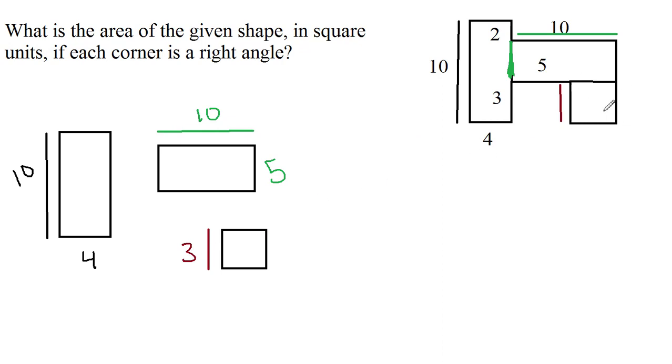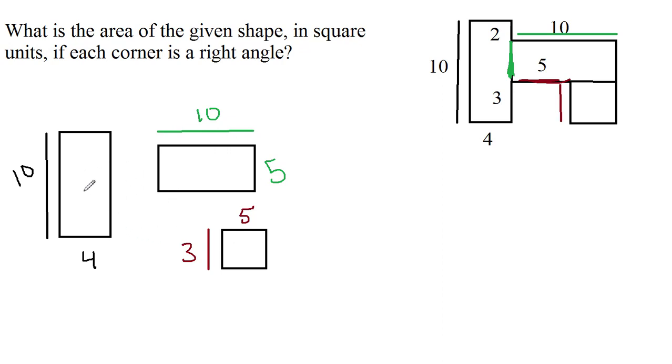Now with this length, we know that the total length of this side is 10, and the total length of right here is 5. So we can find out what the missing side is with 10 minus 5, leaving us with this side being 5. So we can find out what the areas of all of these rectangles are now.